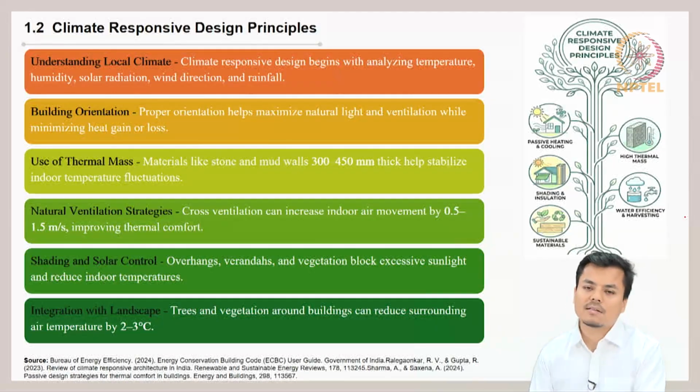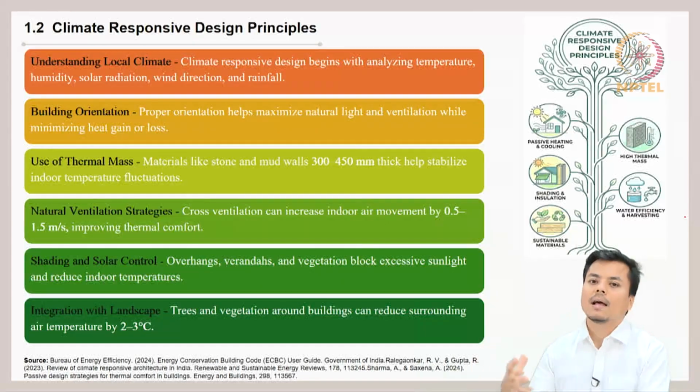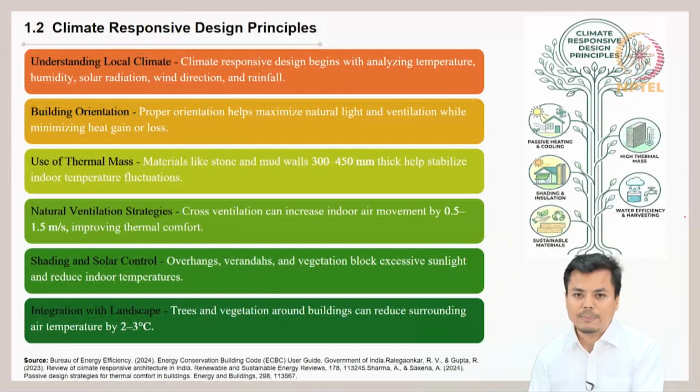Based on that, you can decide on the material that has to be used, the sizes of openings, the orientation of the building, and other passive features like placing a water body, or suggesting specific landscape elements in the design. Only if you understand the local climate will you be able to suggest specific materials for the region.